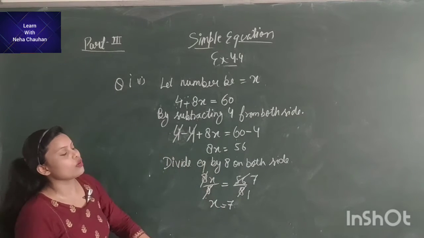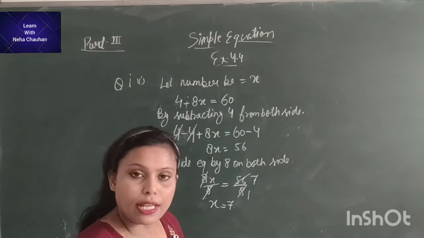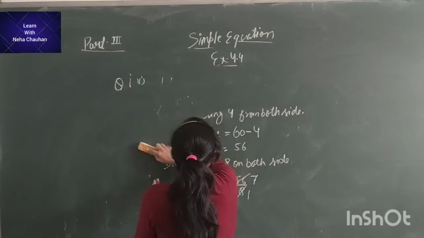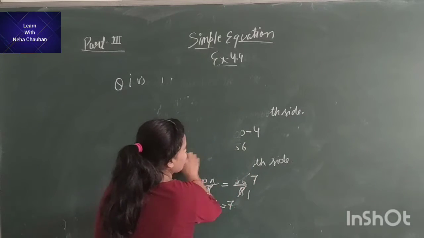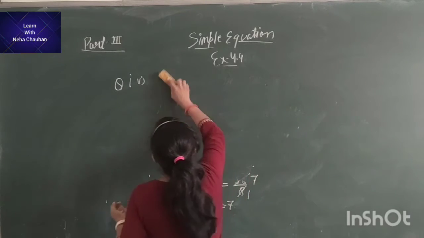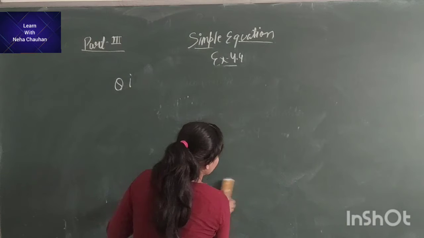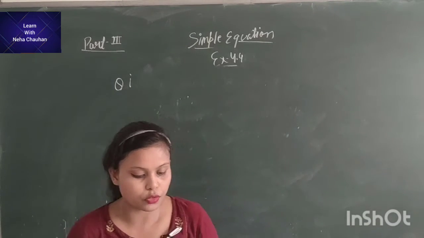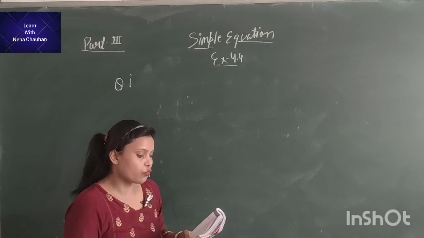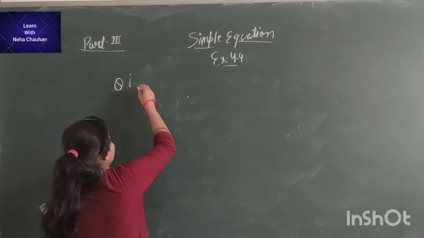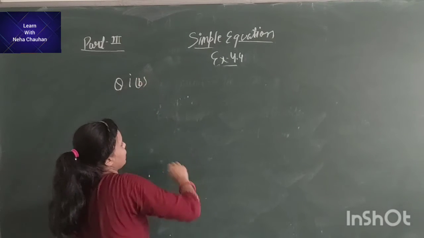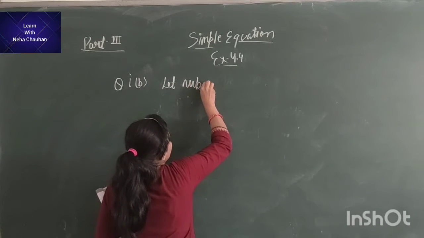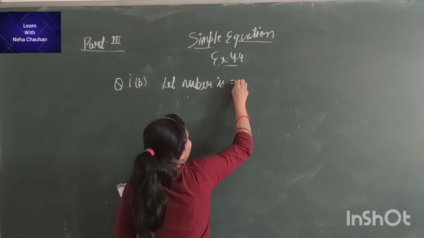The rest of the questions are the same, but I will help you in making the equation of the statement and the solution you will do on your own. For the second part, we have 1/5 of a number minus 4 gives 3. Let the number be y.